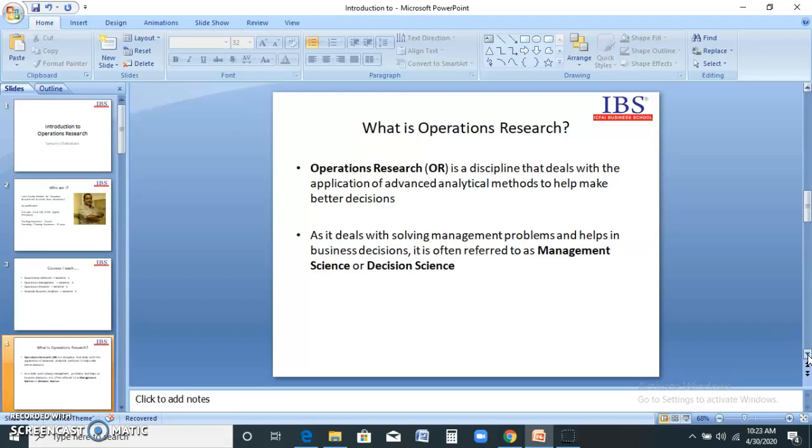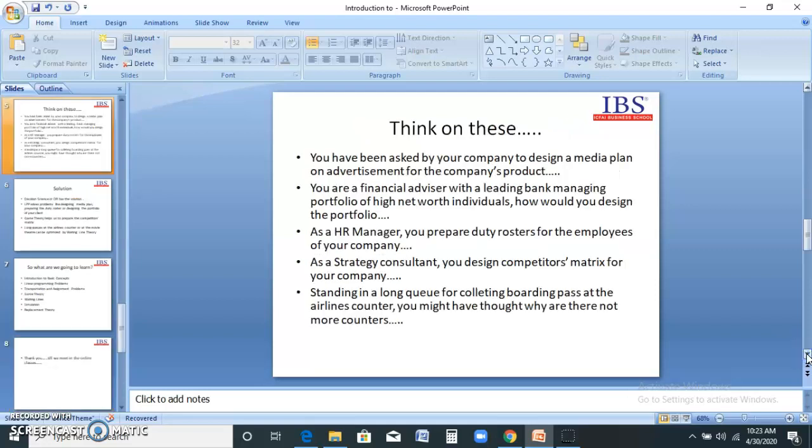I repeat, to help make better decisions. And since this course deals with solving management problems and thereby helps us in taking better business decisions, this course is often referred to as management science or decision science.